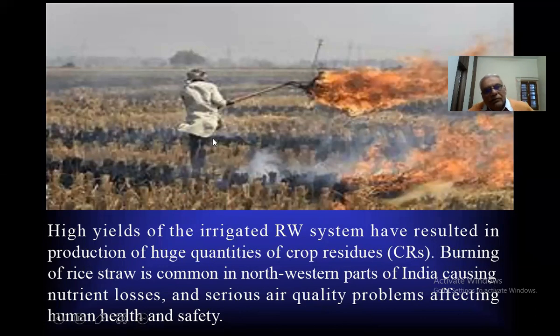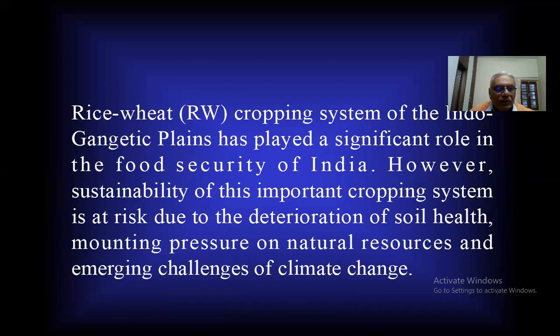So we are observing the air pollution in Delhi. The rice-wheat cropping system of the Indo-Gangetic Plain has played a significant role in the food security of India. So they are the bowl of rice and wheat and supply food to the other states.